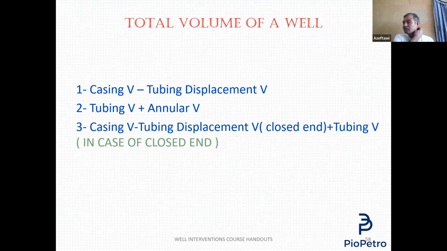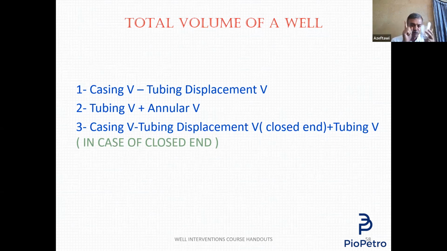The third method is a special case: if you are running the tubing closed in. Let us go through this example. The data we have, please memorize this. We agreed that the casing volume is 500 barrels and the tubing displacement volume is 50 barrels.